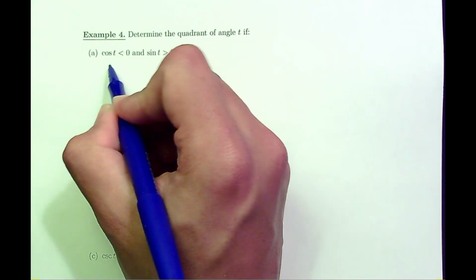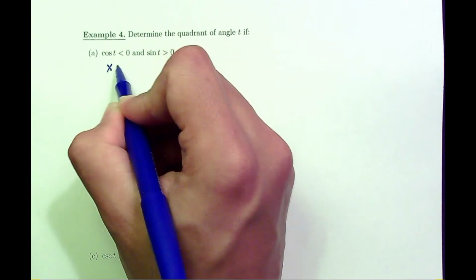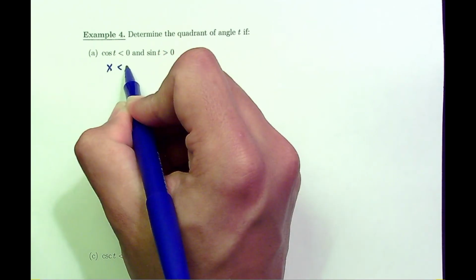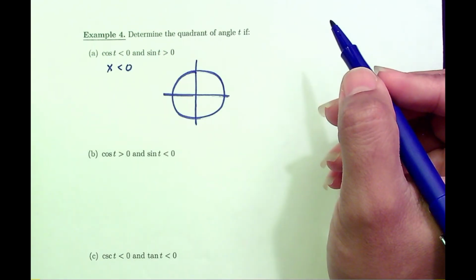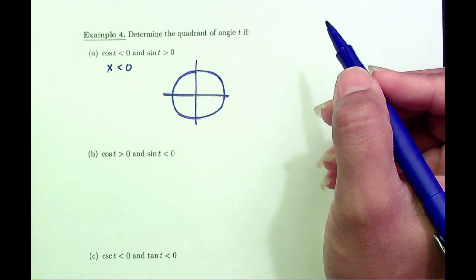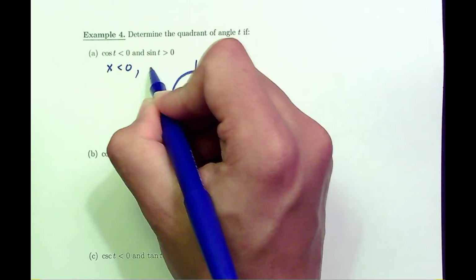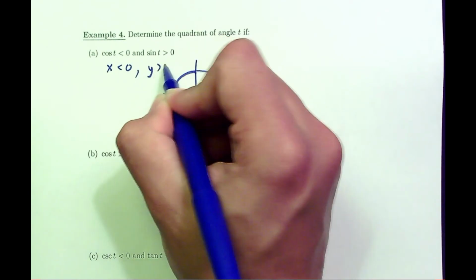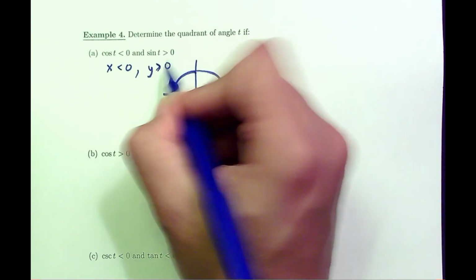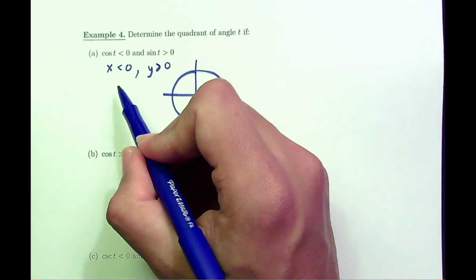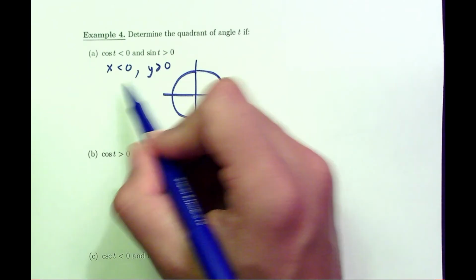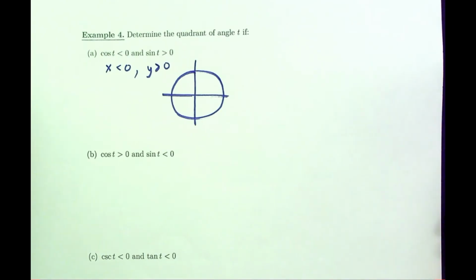The cosine is related to the x-coordinate, so the x-coordinate is going to be less than 0. The x-coordinate of that intersection is negative, and the y-coordinate, which is the sine, is positive. So now think about it.